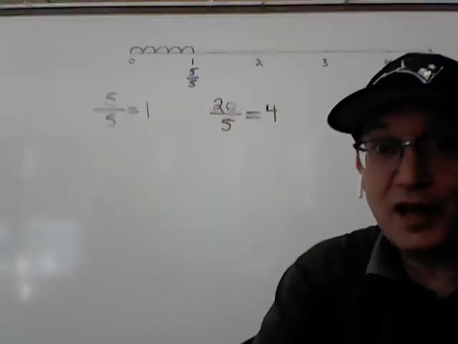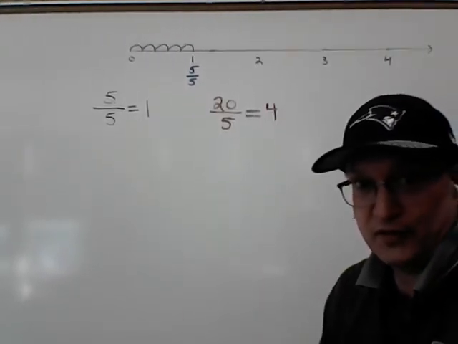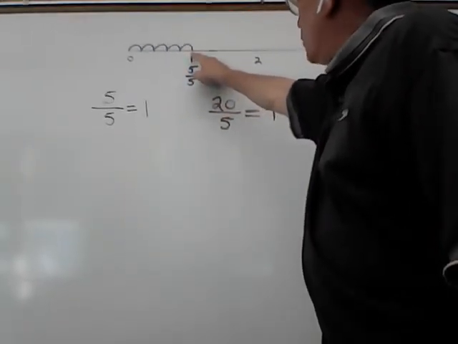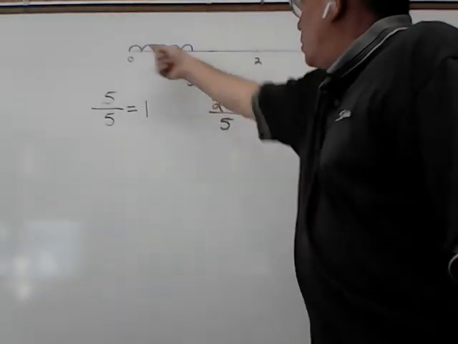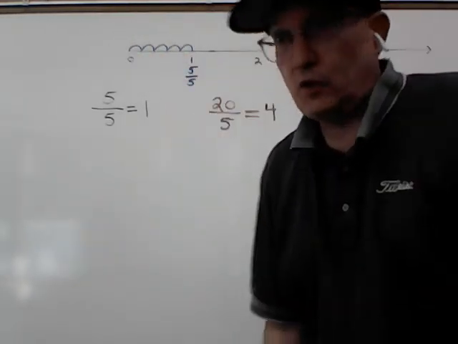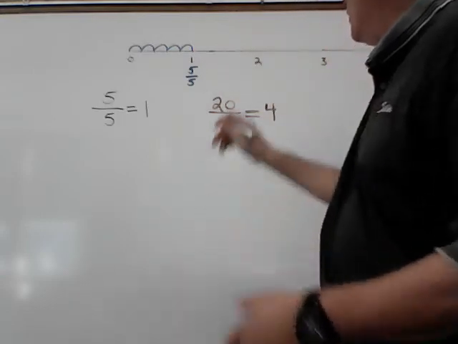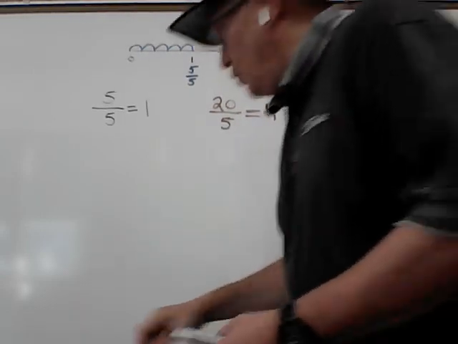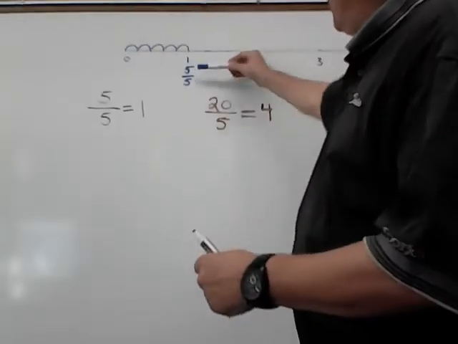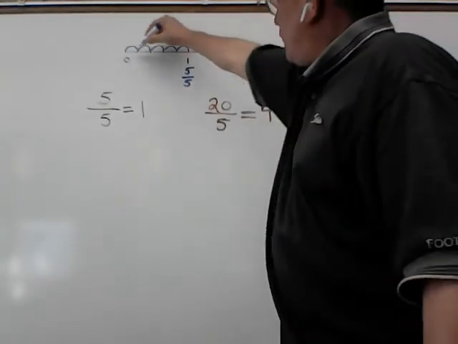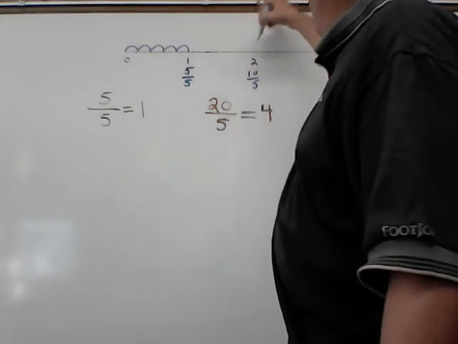I'm not going to physically construct the fifths, but let's imagine them, all right? If I were to physically construct the fifths between 1 and 2, it would look just like between 0 and 1. So 1, 2, 3, 4, 5 more fifths would bring us to 2. But if we go 5 fifths past 1, we're then at 10 fifths. There are 5 fifths between 0 and 1. There are 5 fifths between 1 and 2.